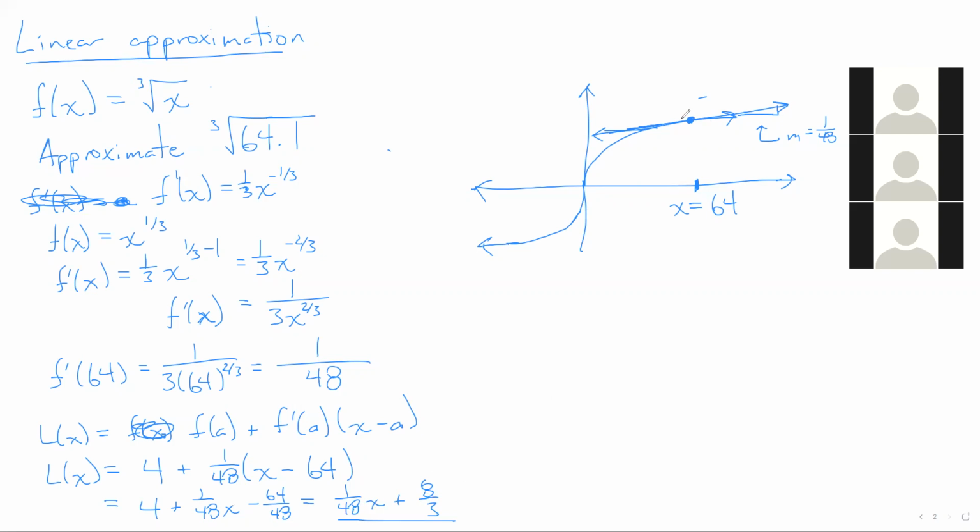So from here, where should I go? Would we take the number we want to approximate now and input it into that final function? Yep, now that we have this linear function, we can do L of 64.1, which is equal to 64.1/48 plus 8/3.